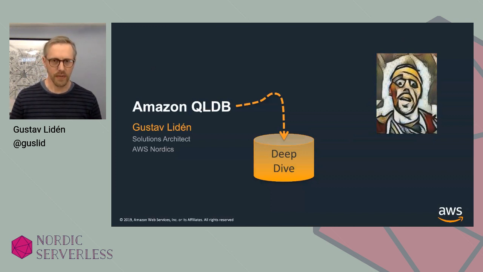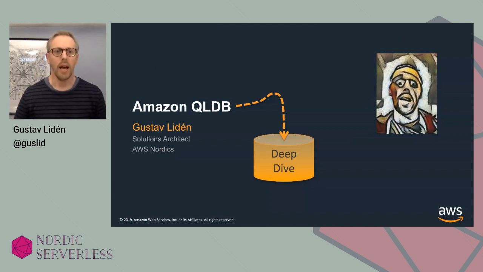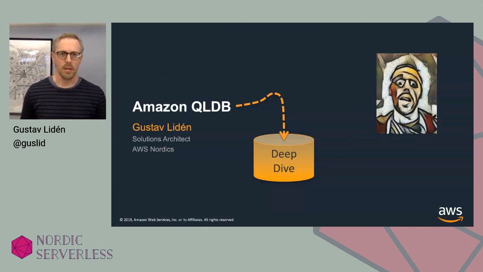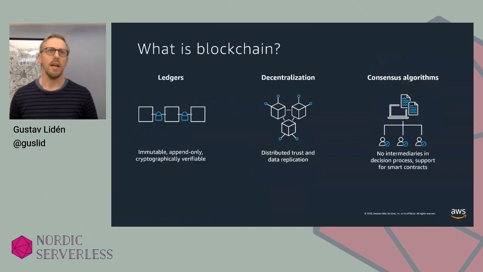QLDB, just to give a bit of context first, starting by the name: Quantum Ledger Database. QL is for Quantum Ledger, which leads your thoughts into blockchain, perhaps. When you talk about blockchain, you often think about three parts.